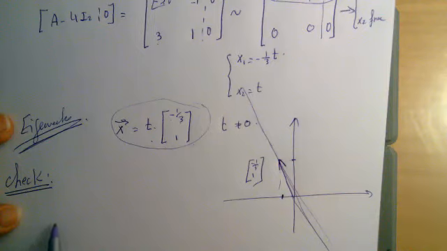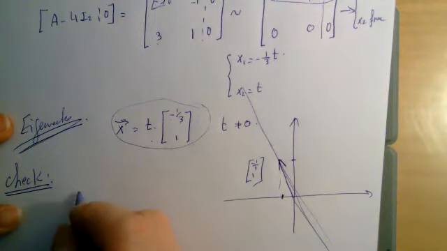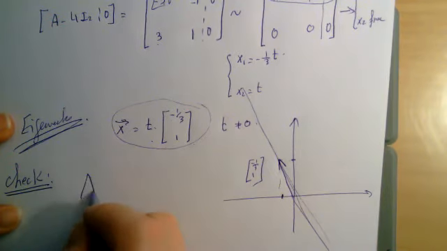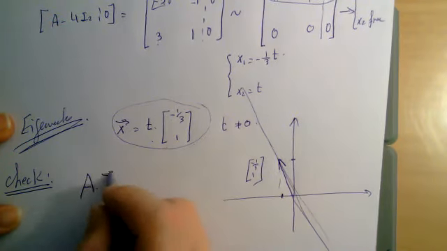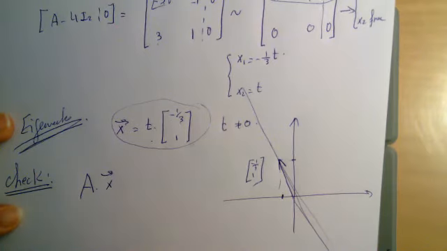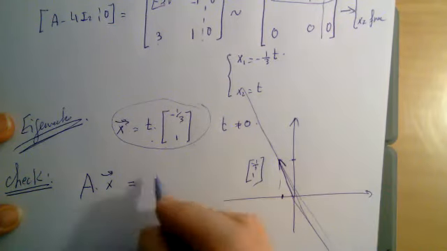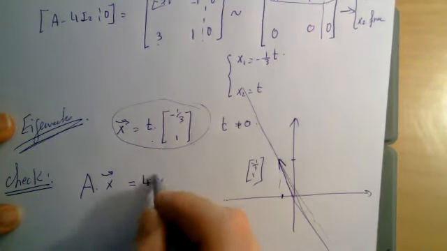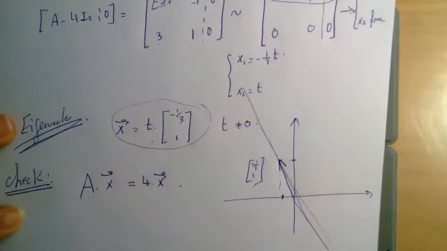Plug in x for it. You're right, but I should check what? That if I take A times this vector, what should I get? A scalar times x. Which scalar? 4. That's what you should get.